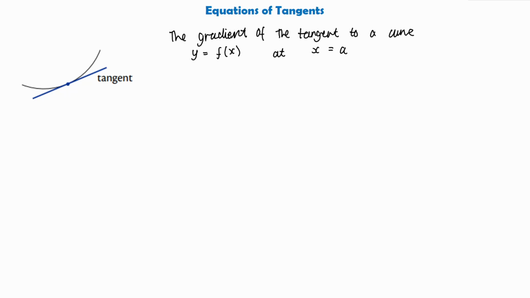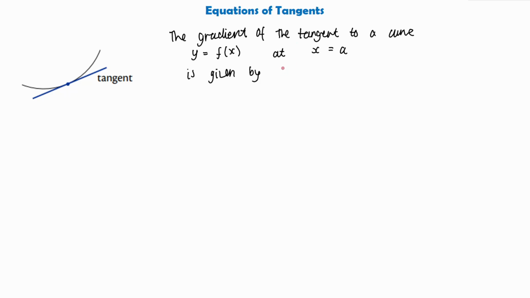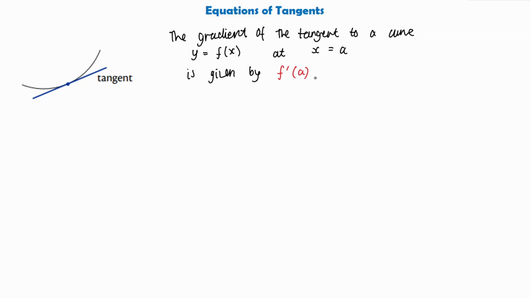So we're working out the gradient of the tangent to this curve at the point here where x is going to be equal to some value a, and it's given by the formula f dashed a. So it is simply just the derivative of the curve at the point x. And we would say that this is the gradient of this straight line.